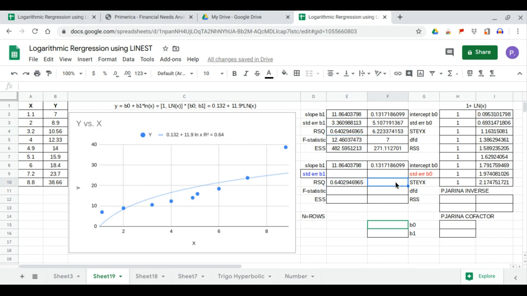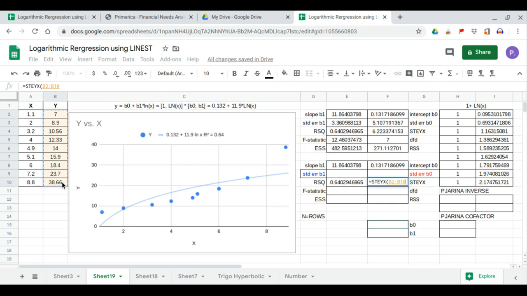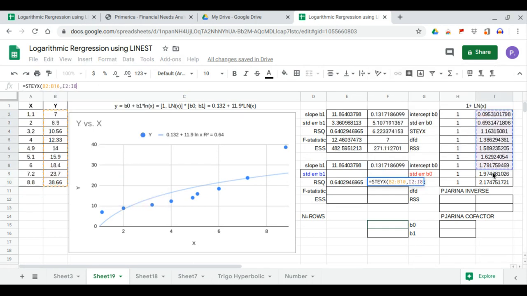We can also calculate STEYX, again with data y and data x, and this matches our LINEST output.